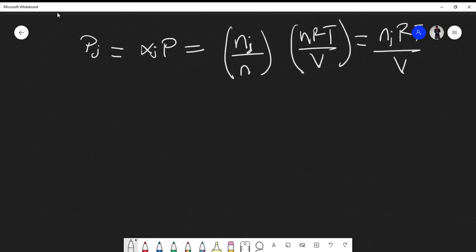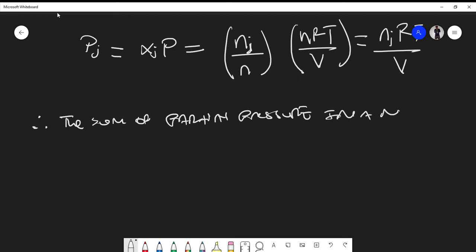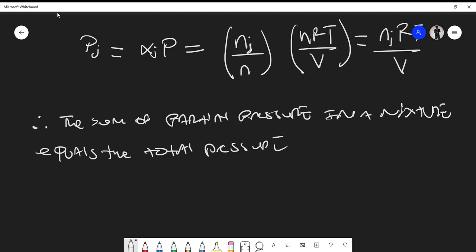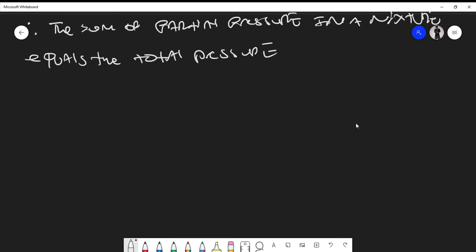So then we could actually say that the sum of the partial pressures in a mixture equals the total pressure. That's a very important point. And how would we do this in an equation?